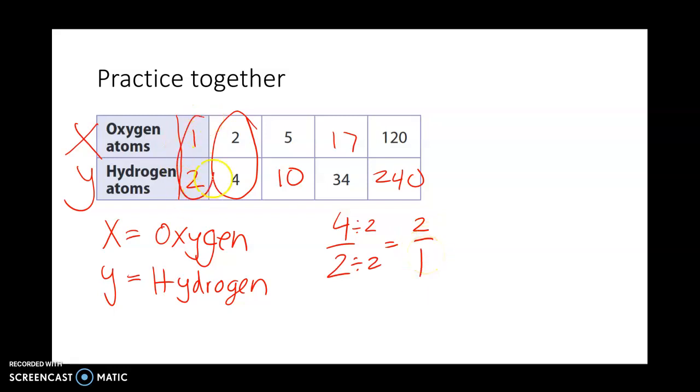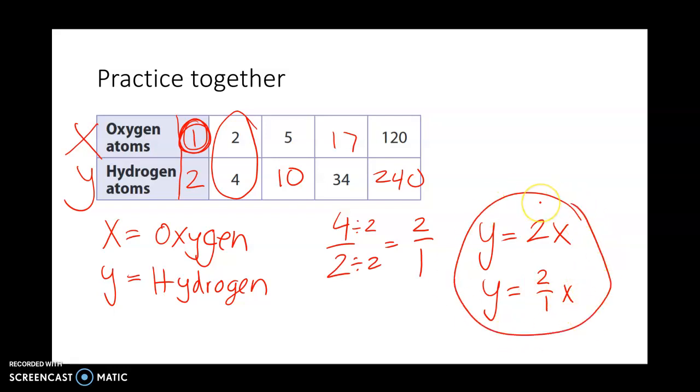Which, if you just picked this one, it's already 2 over 1, and you wouldn't have had to do extra math. So the lowest number you could pick, especially one with 1 in there, that's going to be your final answer. So my equation is y equals 2x, or y equals 2 over 1x. Either one works. All right, let me know if you have any questions.